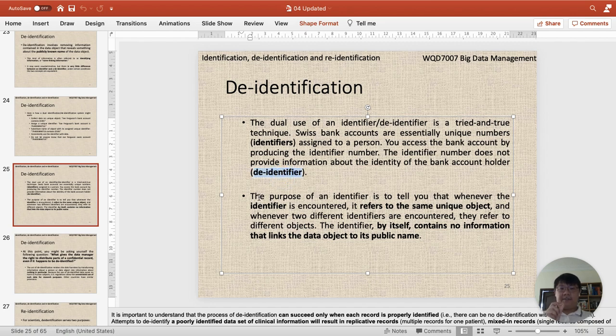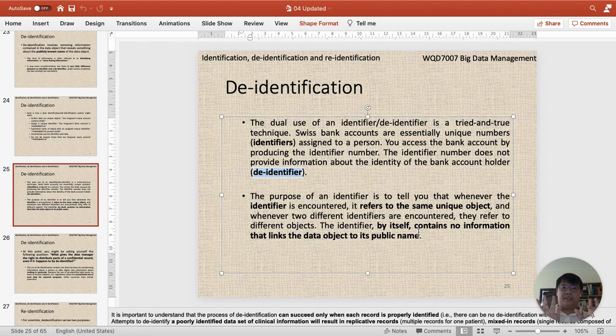The purpose of the identifier is to tell you that whenever the identifier is encountered, it refers to the same unique object. When two different identifiers are encountered, they refer to different objects. The identifier by itself contains no information that links the data object to its public name.